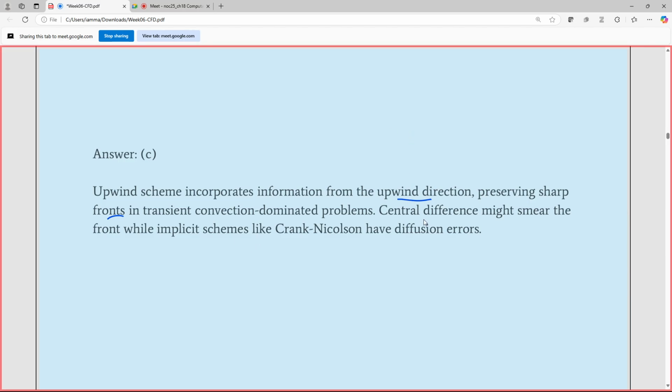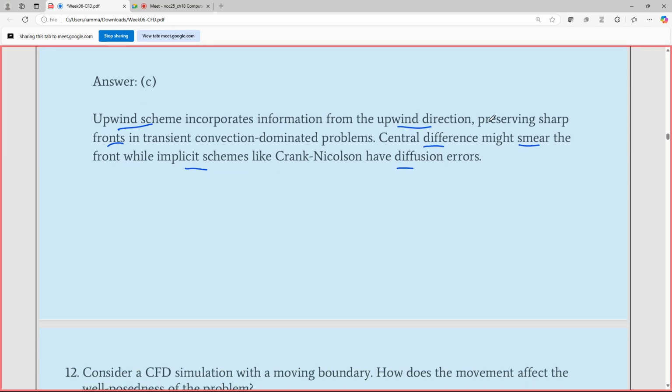Whereas the central difference schemes might smear, that is, it will smudge the sharp edges, while implicit schemes like Crank-Nicolson can have diffusion errors. So our answer is option C, that is upwind scheme. Moving on to next question.